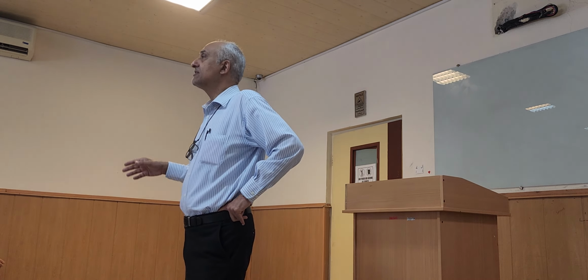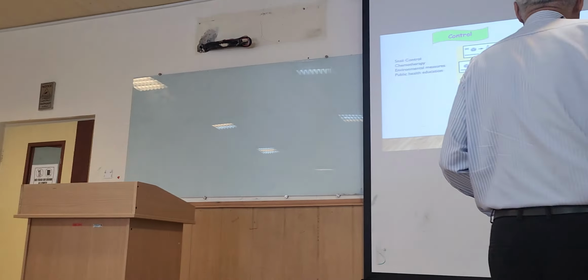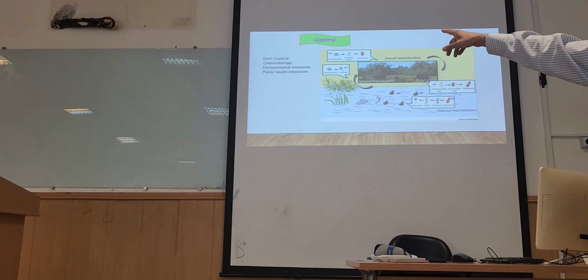When you go to these places, cows are roaming over them, and feces containing eggs may be available. But when the feces is near a very dry place, snails are not present, so the cycle is cut. Okay, that's all. Snail control, chemotherapy.